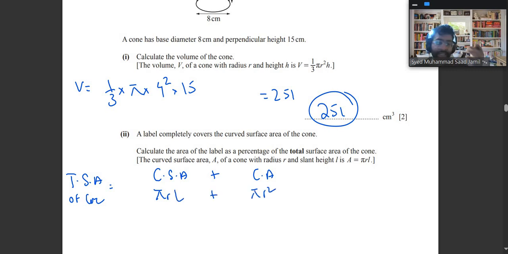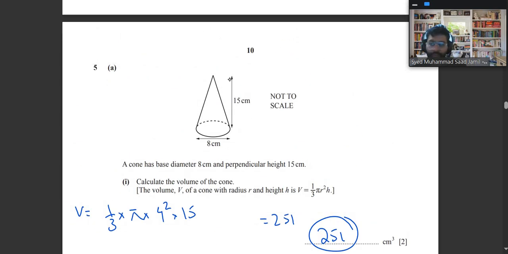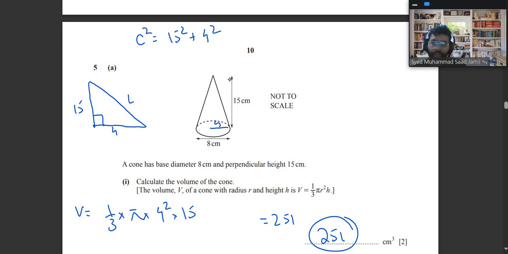Now what does L mean? L is the slant height. First let's calculate the slant height from over here. If this whole thing is 8, up till here it's 4. So this becomes 15 and 4, and this is L. So the formula is Pythagoras: c squared is equal to 15 squared plus 4 squared. So you will take the square root of 15 squared plus 4 squared.